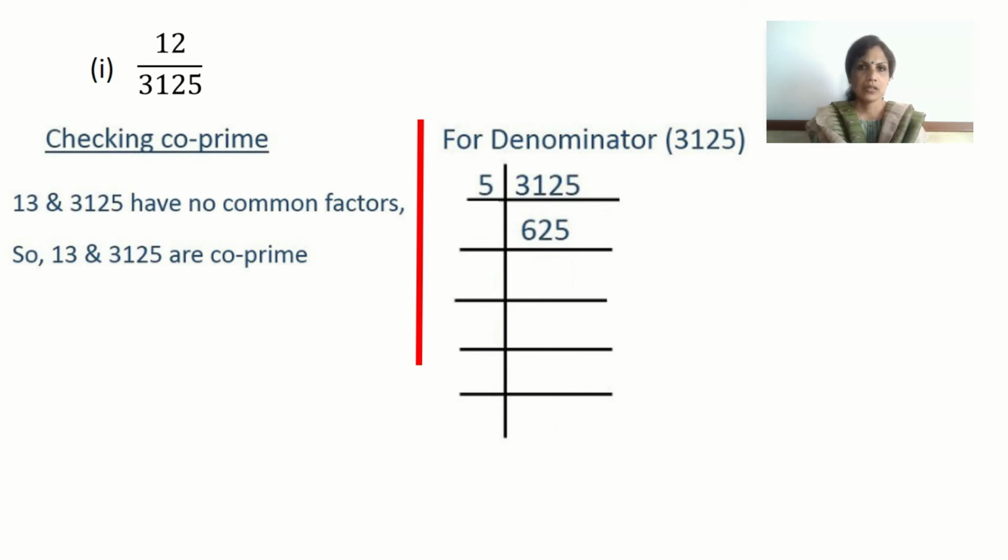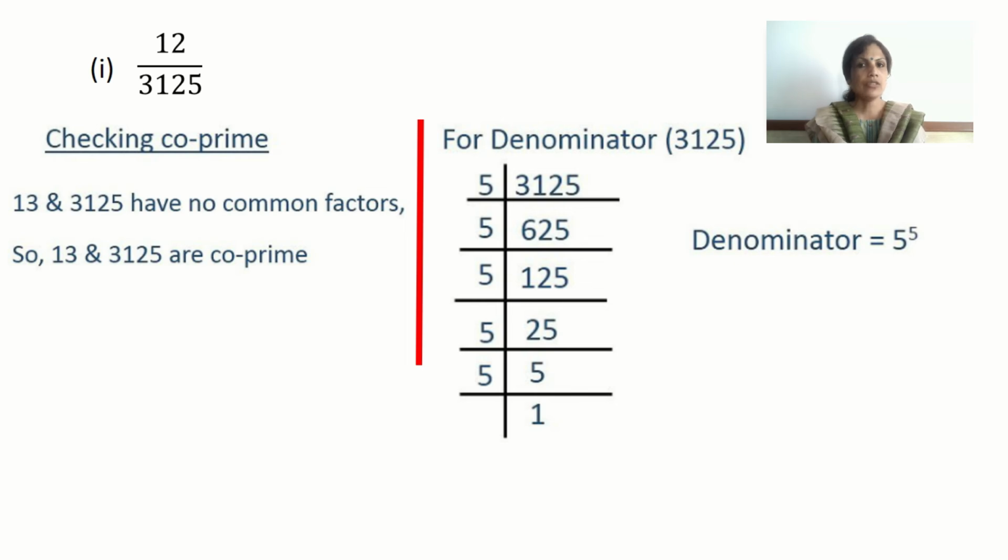Again we can start with 5. So 5 into 125 is 625. Again 5 into 25, then 5 fives are 25, and then 5 ones are 5. So the factorization of the denominator 3125 is 5 raised to 5.